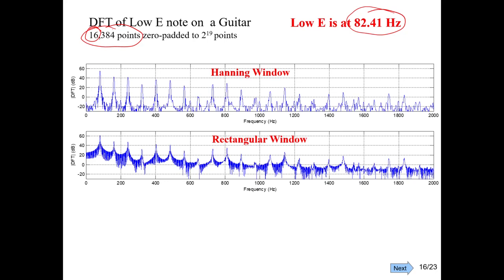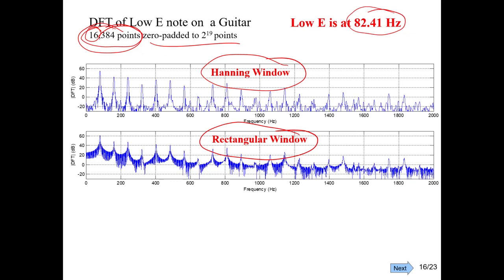And then I processed that either with a rectangular window, so I just collected the samples and zero padded, or with a Hanning window. I applied the Hanning window to the 16,384 points and then zero padded, computed the FFT and plotted it, and only show up to 2,000 hertz in both cases.